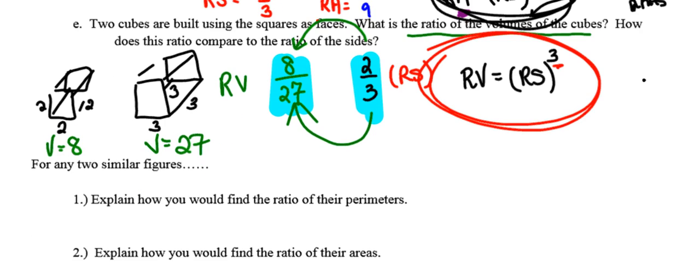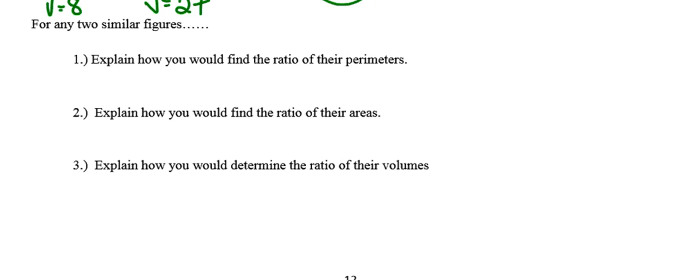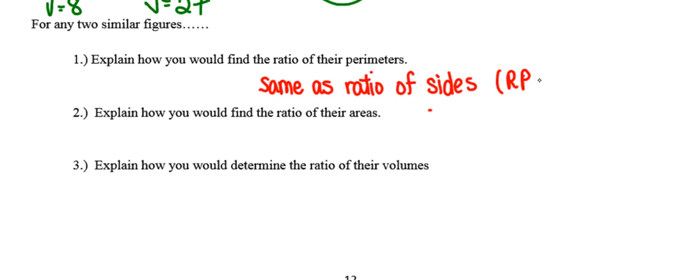All right, so down at the bottom, just in summary, for any two similar figures, explain how you would find the ratio of the perimeters. Well, the ratio of the perimeters is going to be the same as the ratio of the sides. Or in other words, the ratio of the perimeters is always equal to the ratio between any two corresponding sides. Explain how you would find the ratio of the areas.